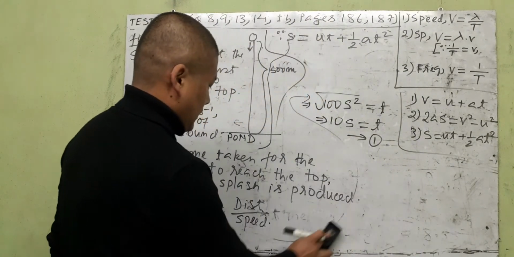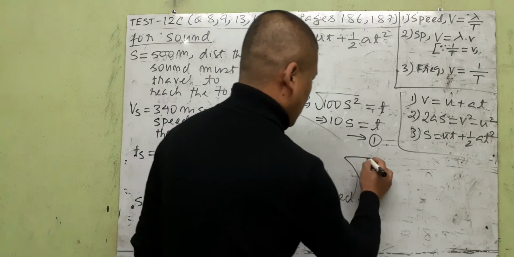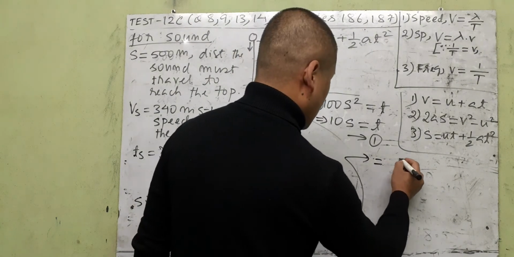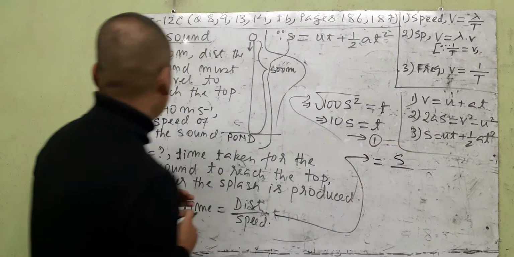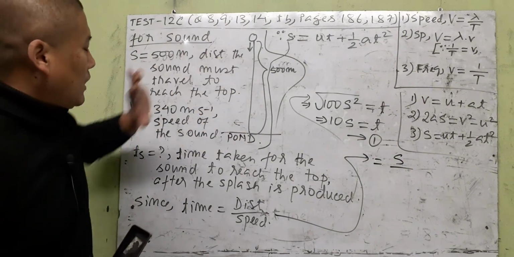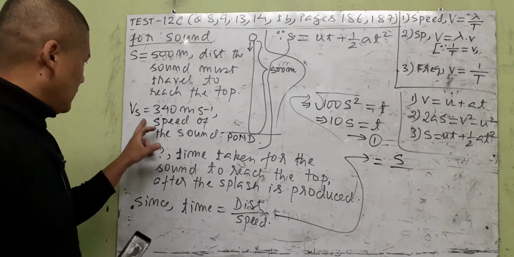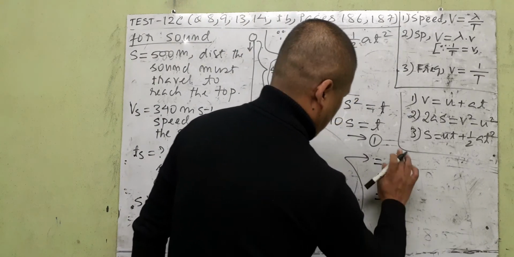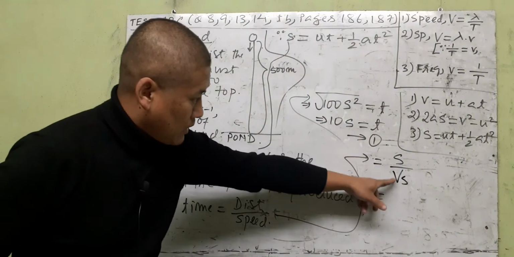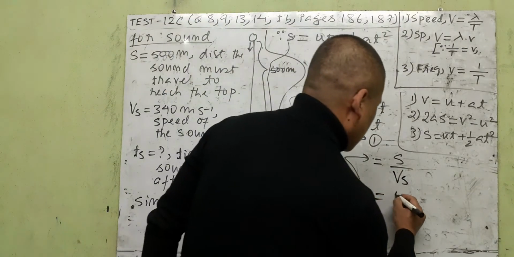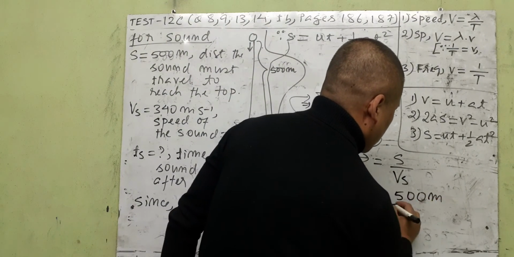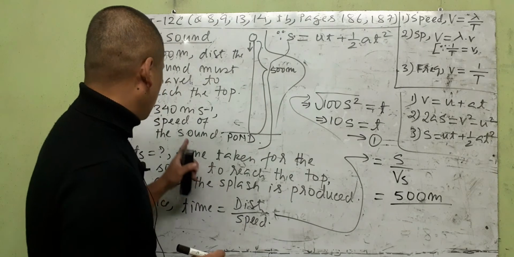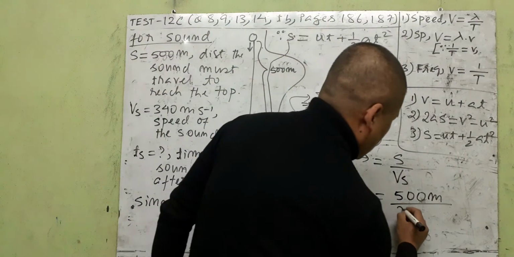So we write that TS will be equal to distance S, the distance for the splash to travel to the top, by speed, the speed of sound Vs. So distance to travel is 500 meter by speed is 340 meter per second.